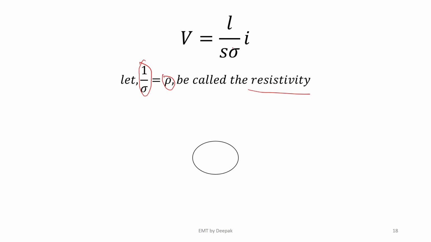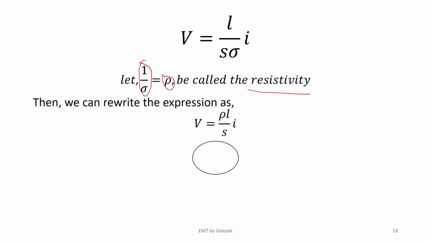Then V equals rho L by S times I. This is V equals IR.